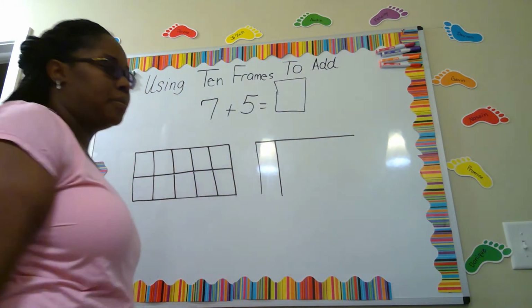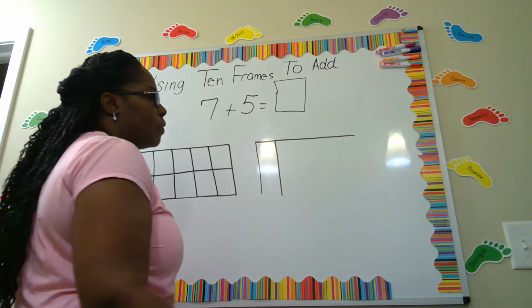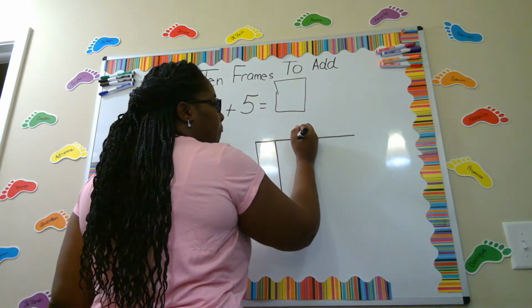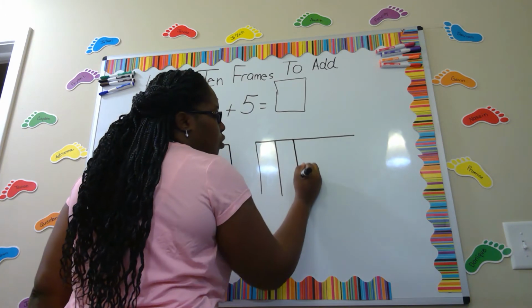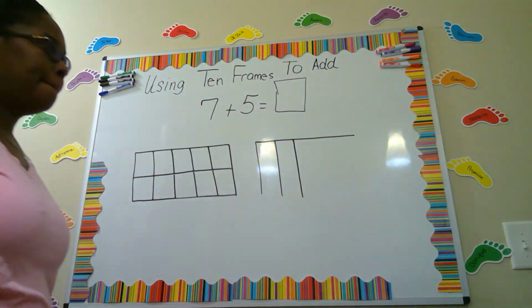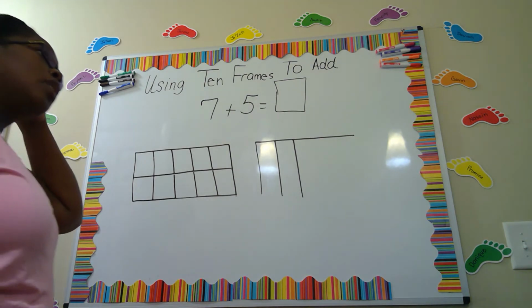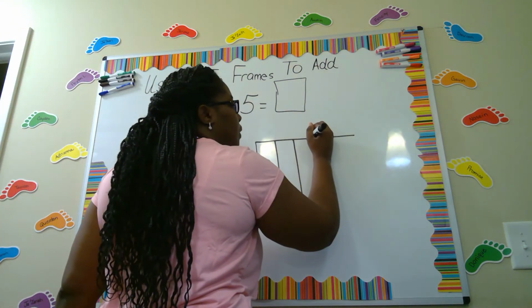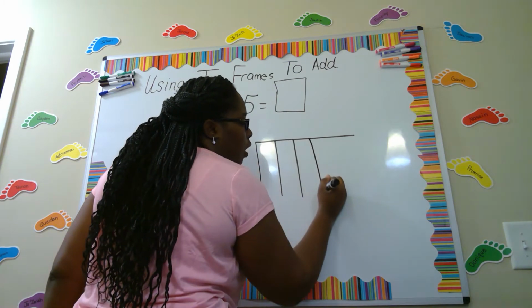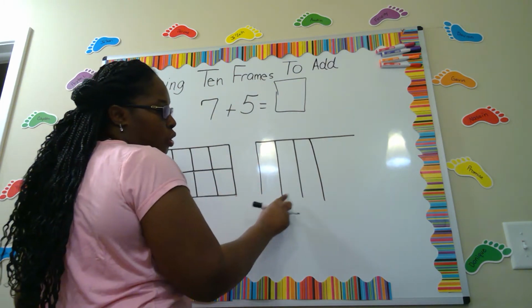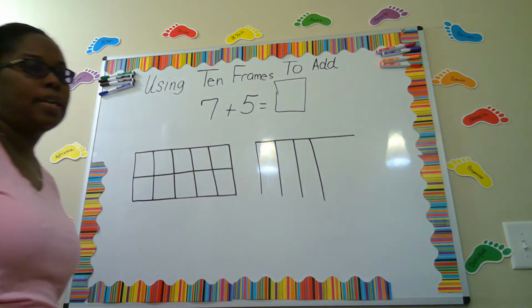So that's 1. Use my 3 fingers again. Draw my third line down. Use my 3 fingers again. Draw another line down. So I should have 1, 2, 3, 4 lines drawn down so far.